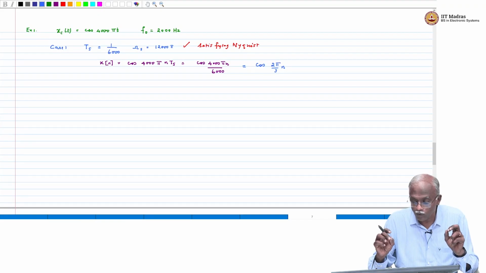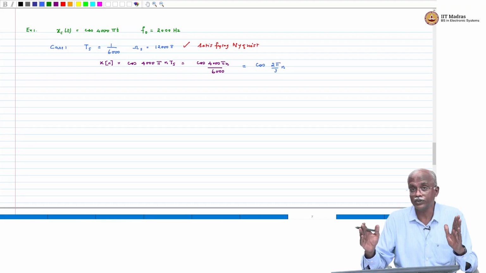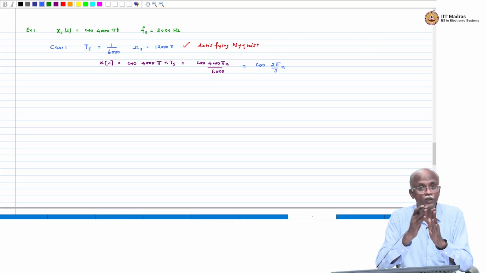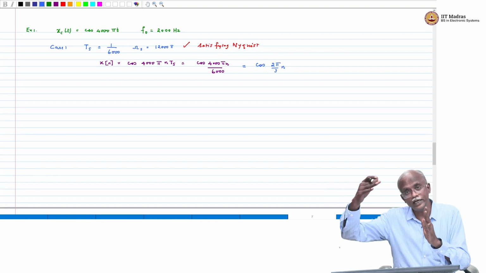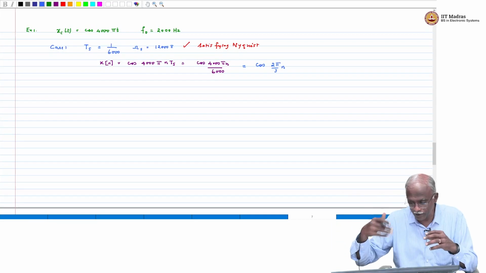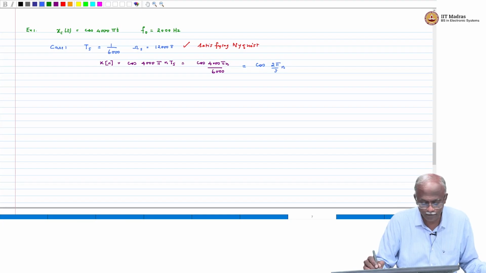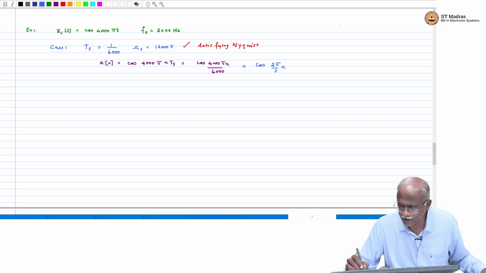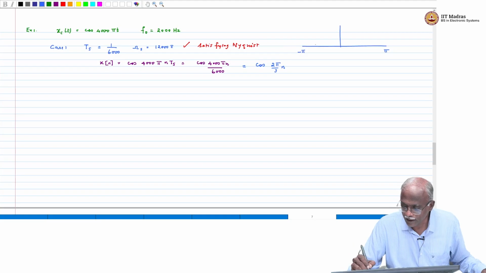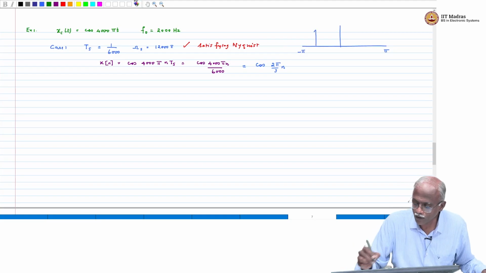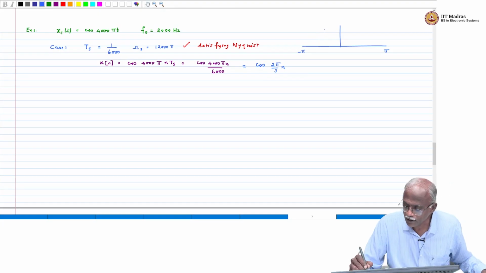Now remember that for discrete time sinusoids, the frequency will increase from 0 to pi, and then from pi to 2 pi it will decrease, and then the frequencies will repeat. Right now what we have is cosine 2 pi by 3 n, and if we want to represent it, from minus pi to pi, I have not a delta function, but a unit sample function at 2 pi by 3 and minus 2 pi by 3.